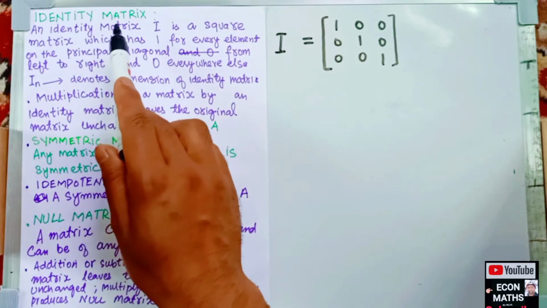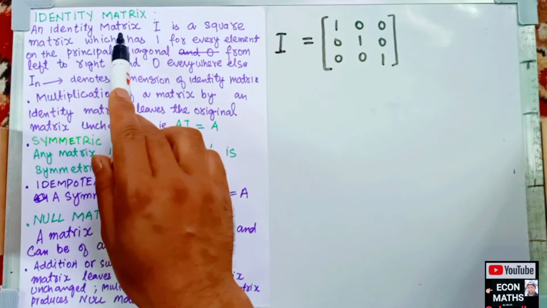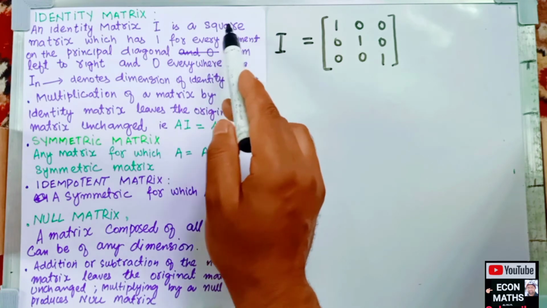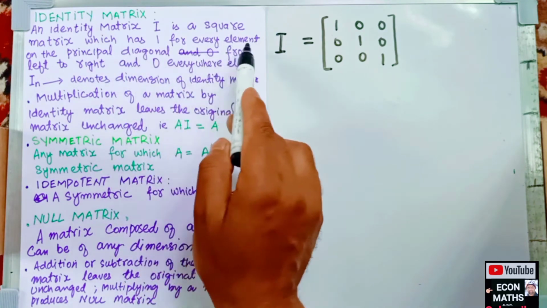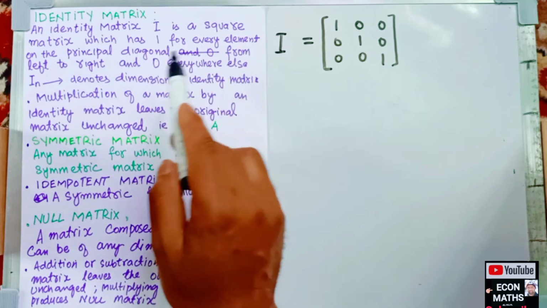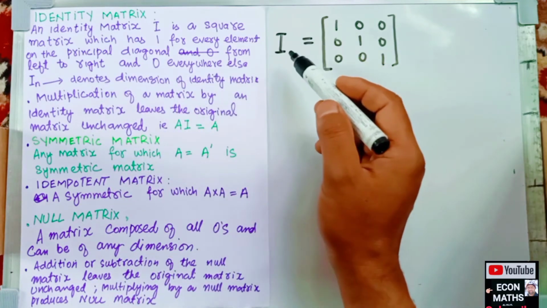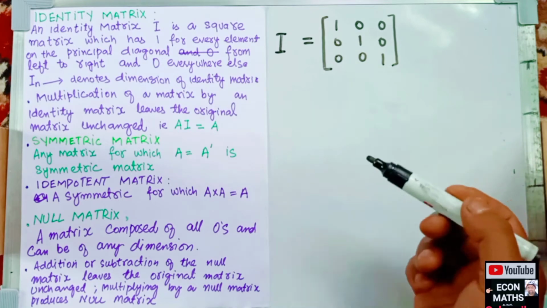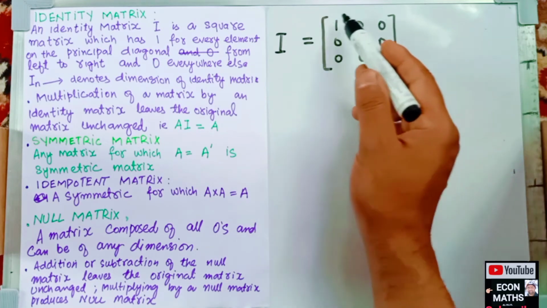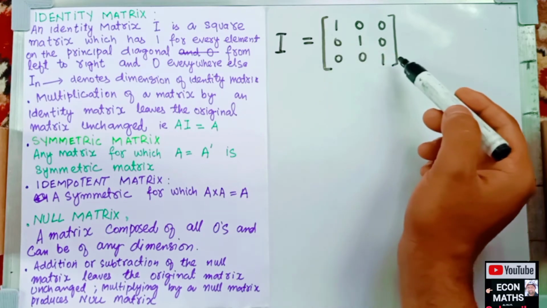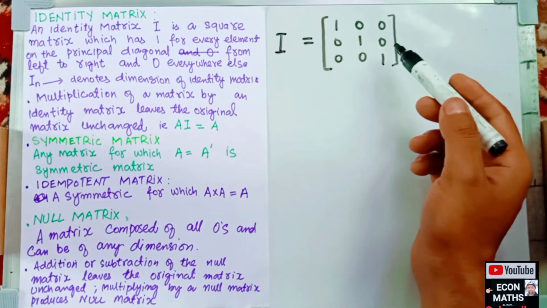Next one is the identity matrix. An identity matrix, denoted by capital I, is a square matrix which has 1 for every element on the principal diagonal from left to right and 0 everywhere else. Like here in this example, this is a square matrix and also an identity matrix.